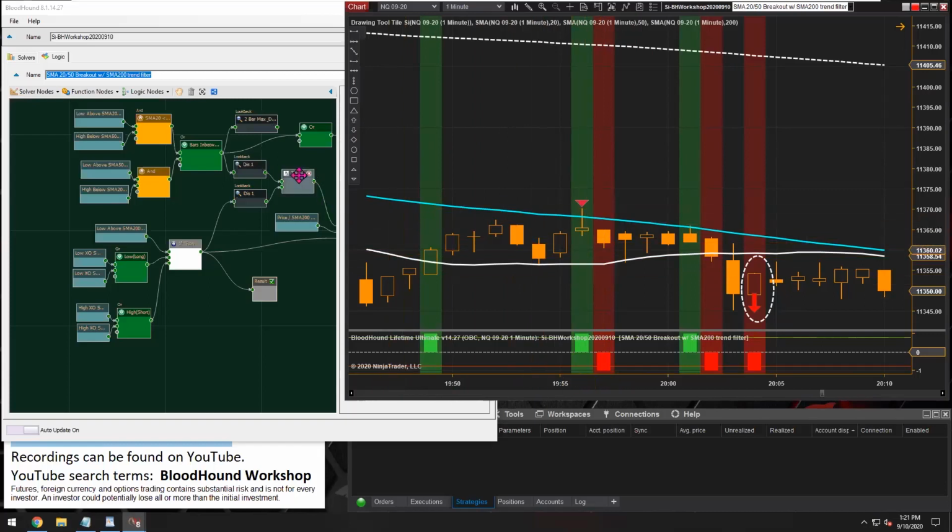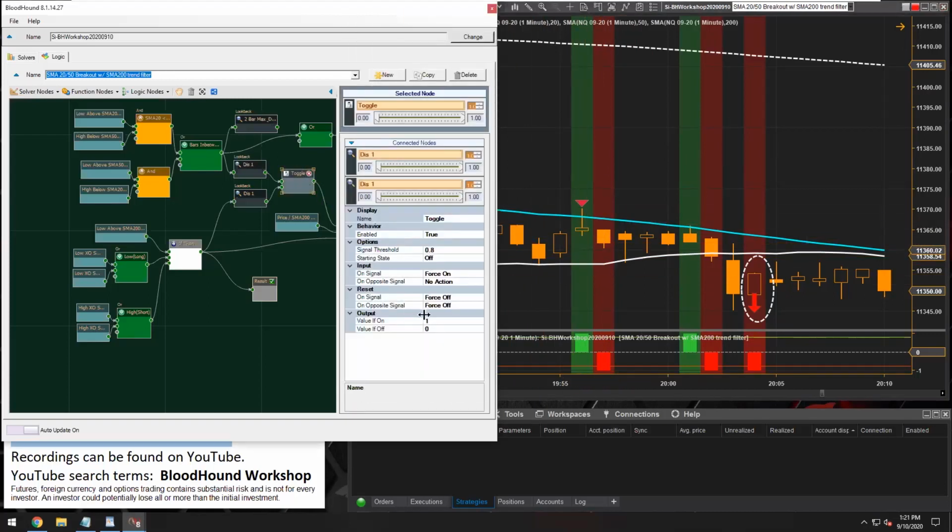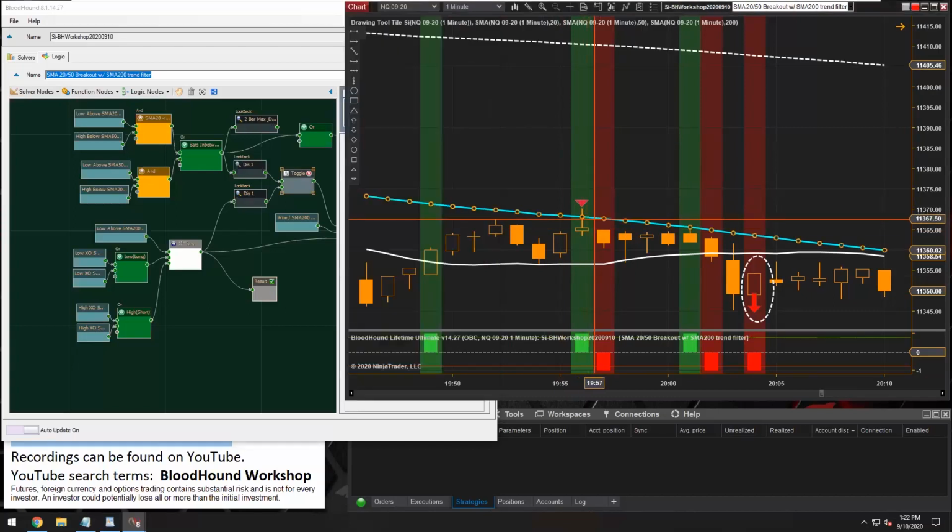Actually, let's see. Yeah, both the long signals and the short signals. Basically, whenever the high price is crossing that SMA 50, it's turning off the toggle node.